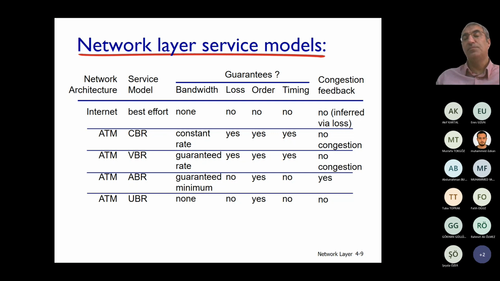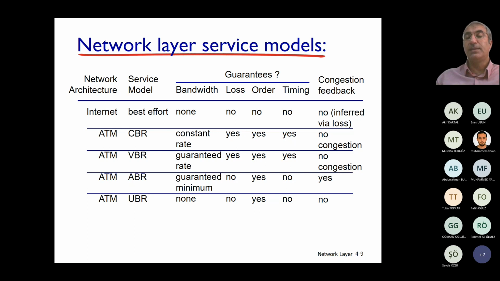Let's say my message consists of 6 packets, or datagrams in this case, and I label each of them from 1 to 6, and I transmit the packets to the destination.